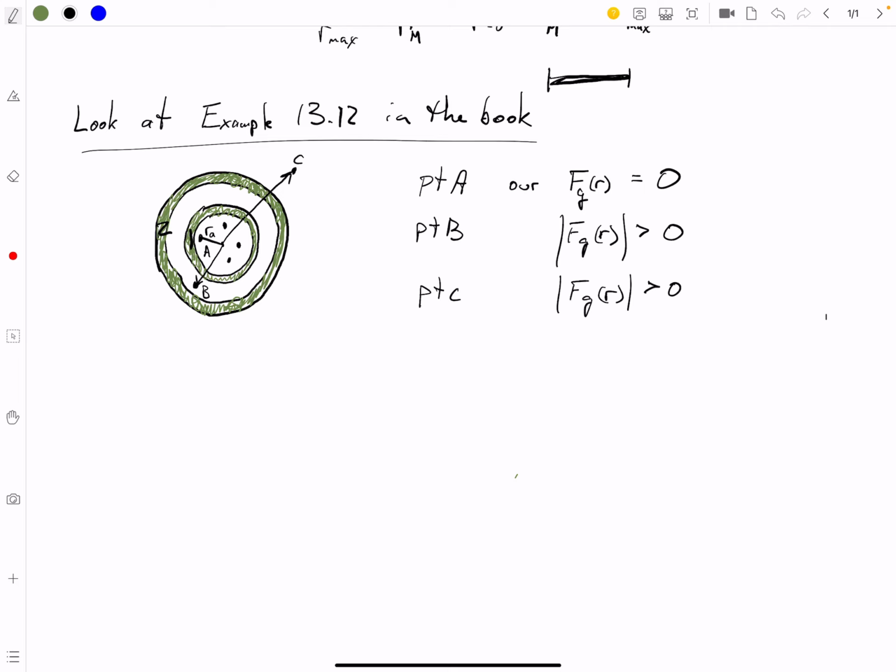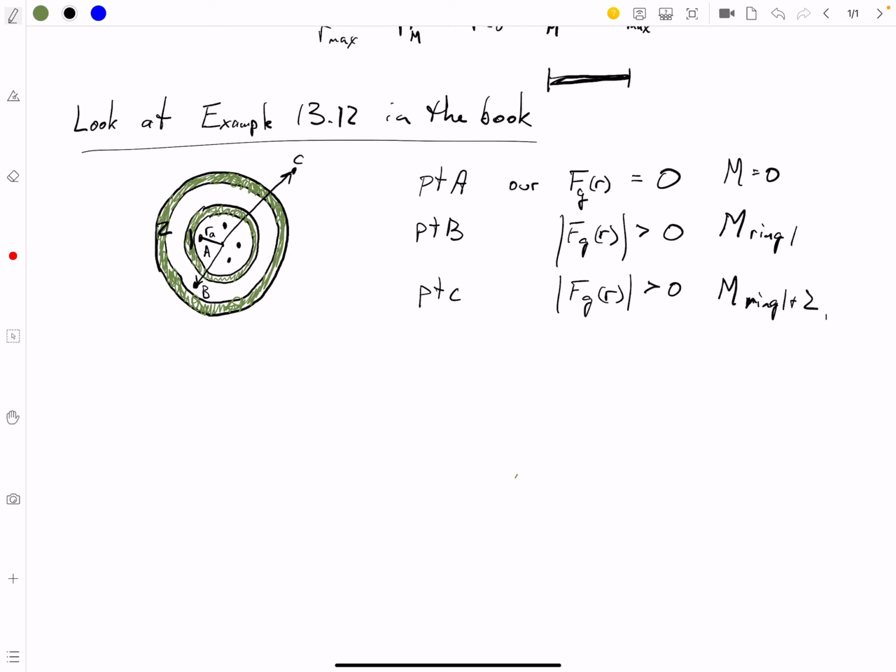So the mass, not the little mass, the big mass, is ring 1. And here, the mass is both ring 1 and 2. Here, mass equals 0.